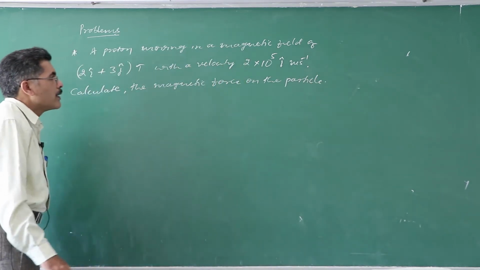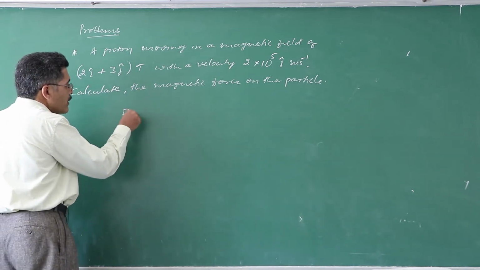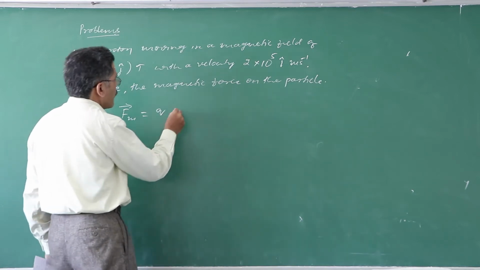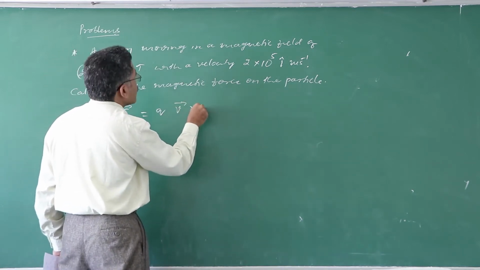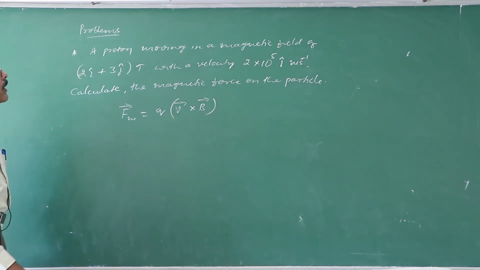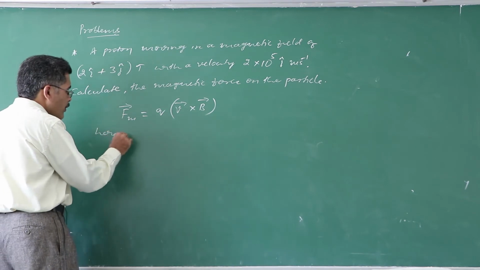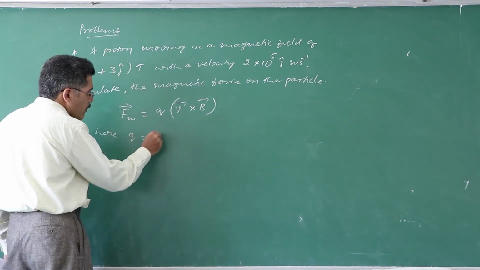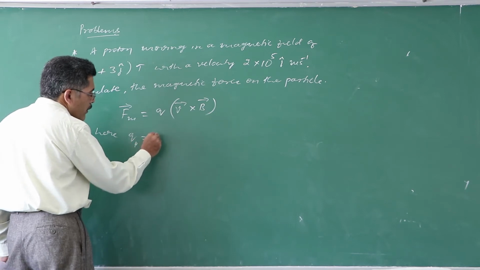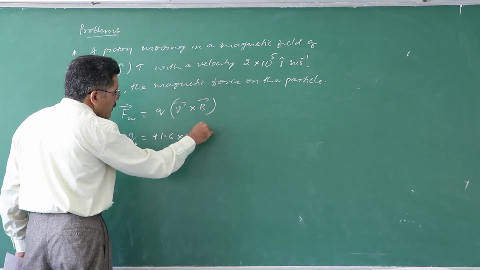You know that force due to magnetic field is given by Q into V cross B. This is the relation. What is Q? Q is the proton charge, plus 1.6 into 10 raised to minus 19 coulomb.